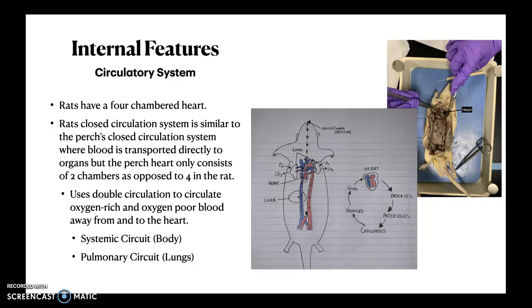Once the blood is provided to those organs for nutrients and all that, the blood is then sent back to small vein compartments and then into actual veins, which lead the blood back to the heart. And once that poorly oxygenated blood is in the heart, it circulates and eventually picks up oxygen from the lungs and gets rid of that CO2.